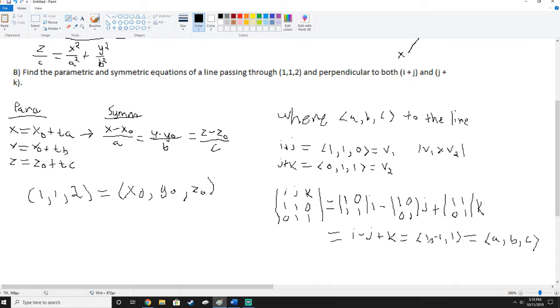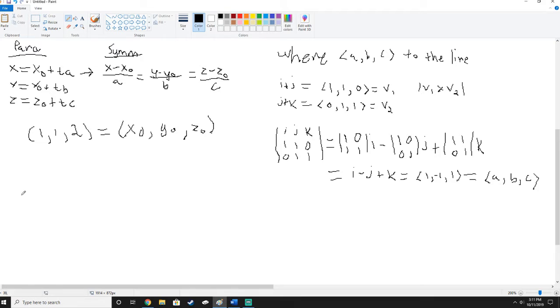Now we just plug the information that we have from our vector coordinates of i, j, and k, and our point (1, 1, 2) into our parametric equations, and from our parametric equations we get our symmetric equations by solving for t.